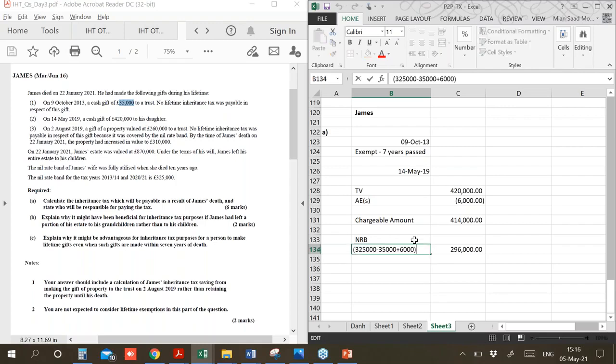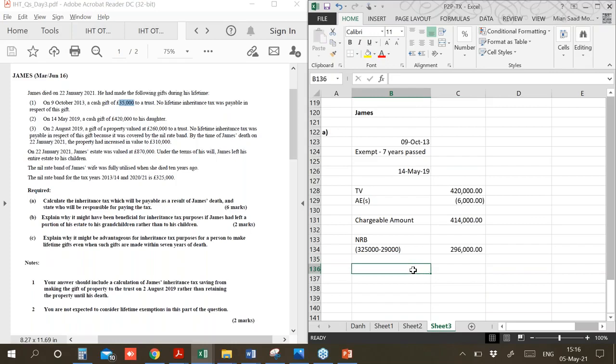Or the easier thing you could have done is 35,000 minus 6,000, deducting 29,000 as well. This would have resulted in the same answer. So for your ease, let's do that. It will make it easier for you. 29,000. Sorry, formula 29,000. So the nil rate band is 296,000 that is left for this transaction.